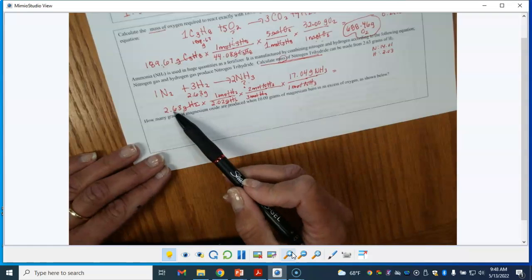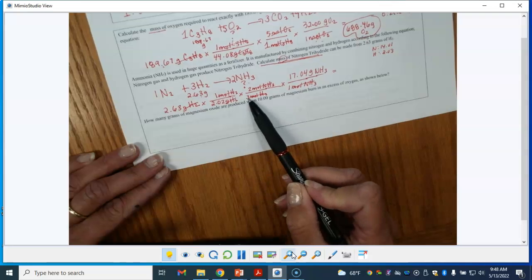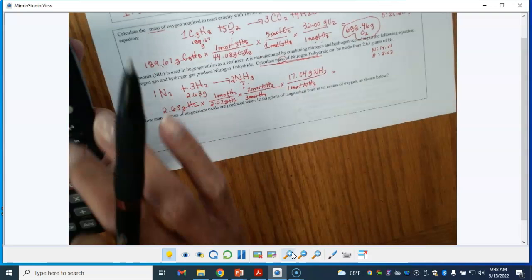So I'm going to multiply everything straight across. 2.63 times 1 times 2 times 17.04. And then I'm going to divide it by 2.02 times 3. How do I put it in my calculator?